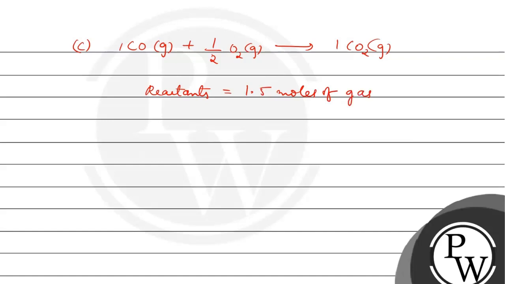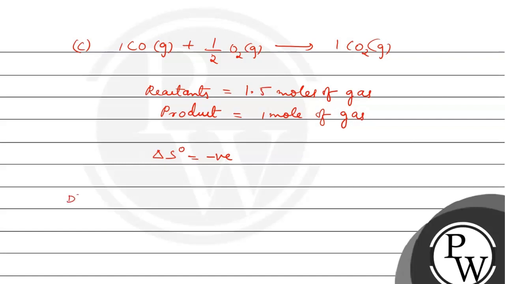On the product side we have only 1 mole of gas. So 1.5 to 1 is a decrease in gaseous molecules. Therefore delta S naught is negative here because the number of gaseous molecules is decreasing.